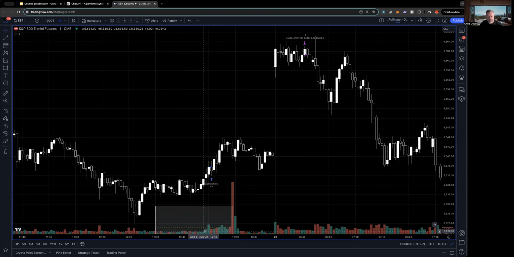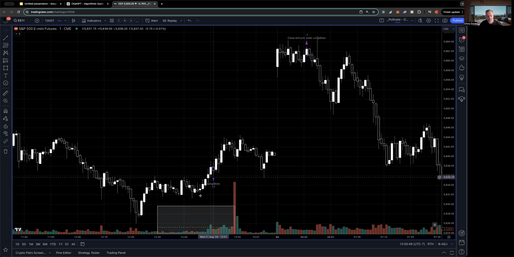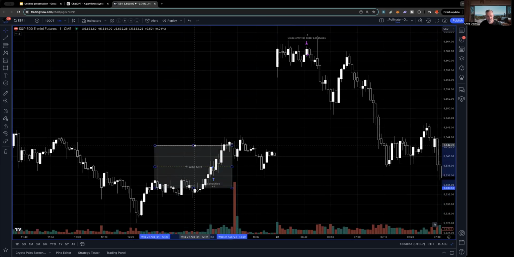The first thing I would say is that the entry was here after 21 minutes or so. Notice that it happened after this volume spike. So this is my window here. Actually, let's bring this back up.